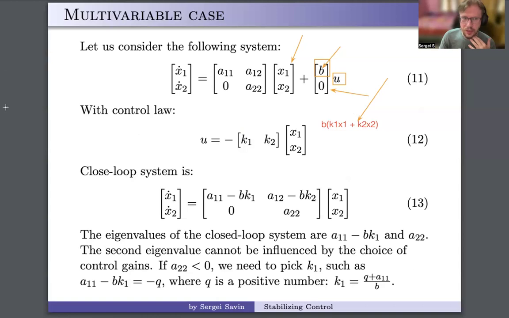That's what we know. The top of the matrix is going to be B times K1, that is what's going to be multiplied by x1, right? And K2, that's what's going to be multiplied by x2. And here is 0, and here is 0, right?